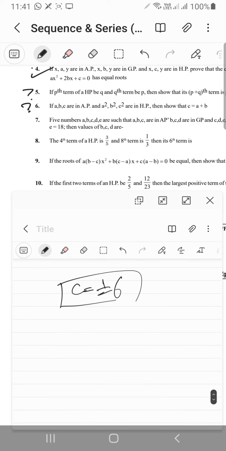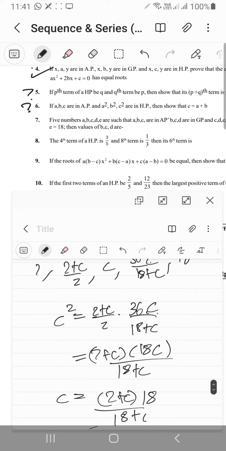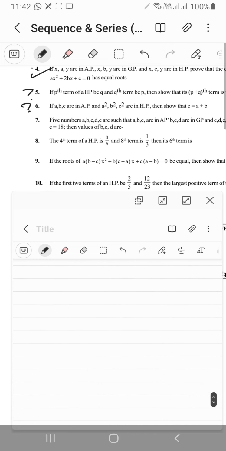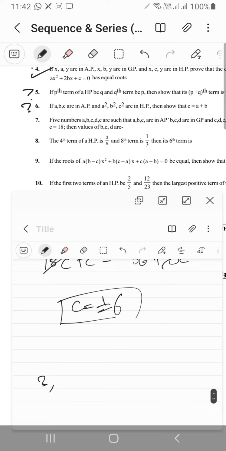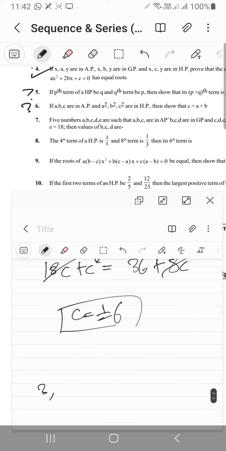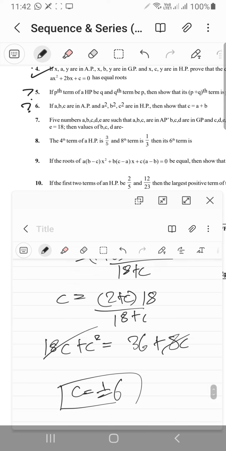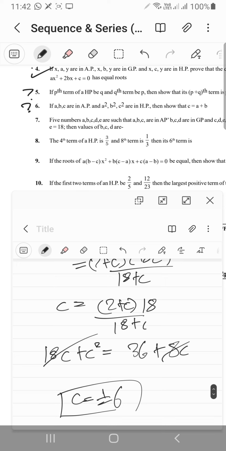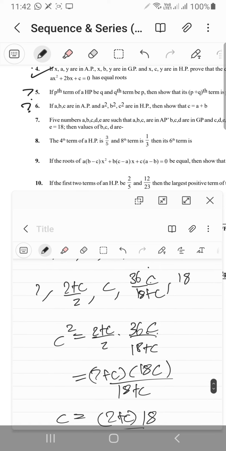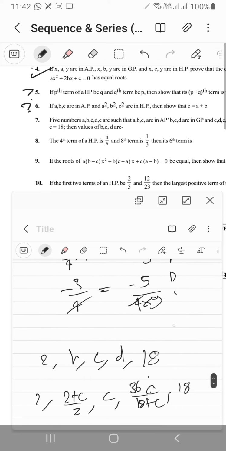So find the values of B, C, D. Now you know what C is. If this is plus 6, then B will be (6 plus 2) upon 2, which is 4, and this is 6. And what is D? D will be 36 times 6 upon (18 plus 6), which is 36 times 6 upon 4 into 6.